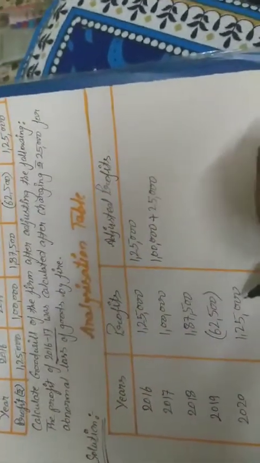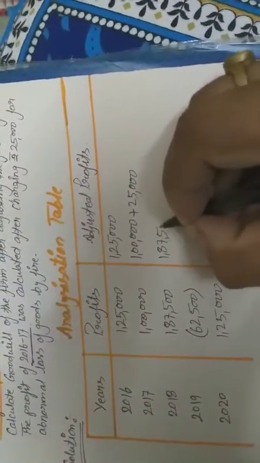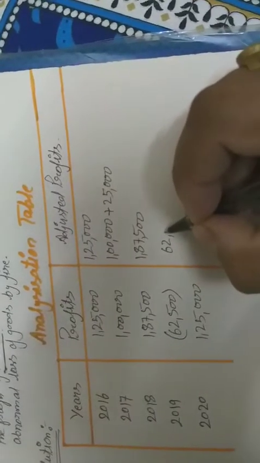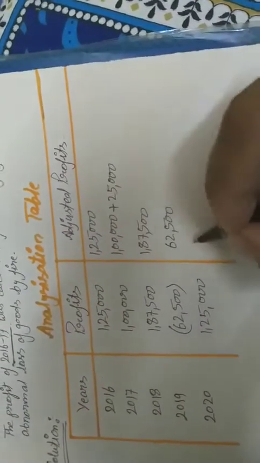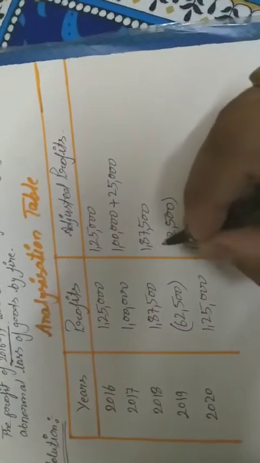Now no other adjustment was there, so 1,87,500 we will write as it is, 62,500 and then 1,25,000 profit. It is clear.